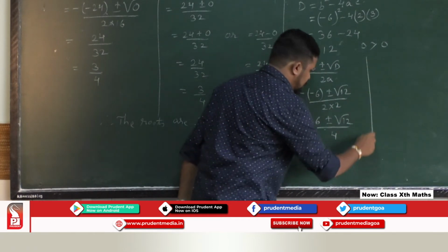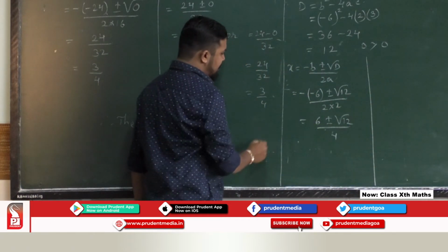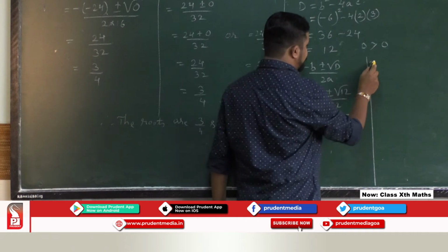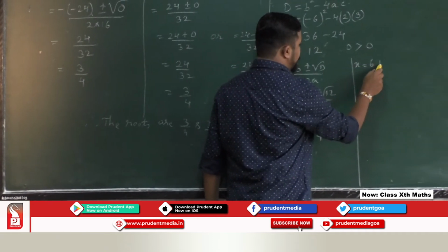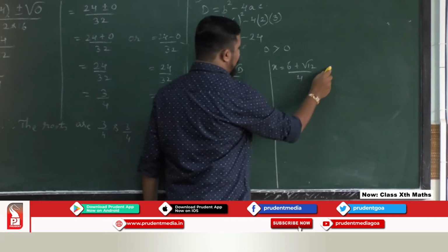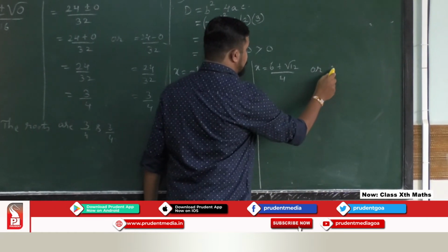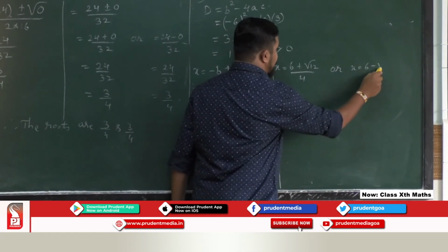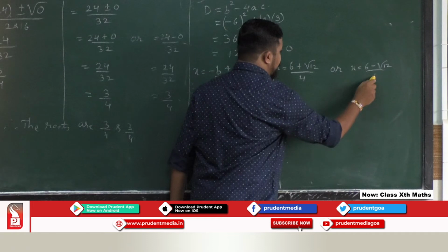Okay, I write separately now. X equals 6 plus root 12 upon 4, or 6 minus root 12 upon 4.